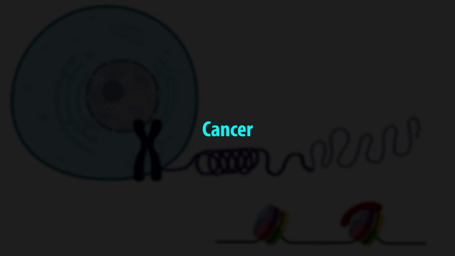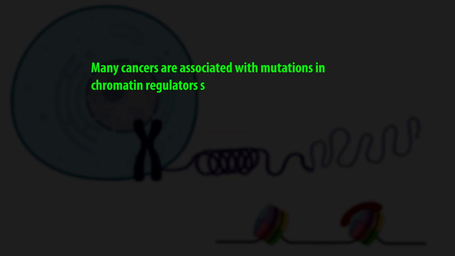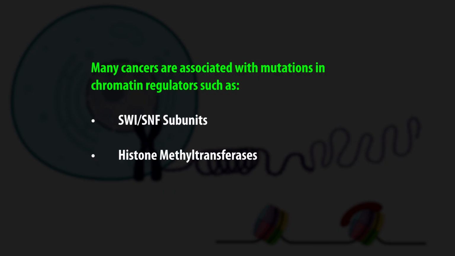First is cancer. Many cancers are associated with mutations in chromatin regulators such as SWI/SNF subunits, histone methyltransferases, and acetyltransferases. Aberrant histone modification and chromatin misfolding drive oncogenic gene expression.